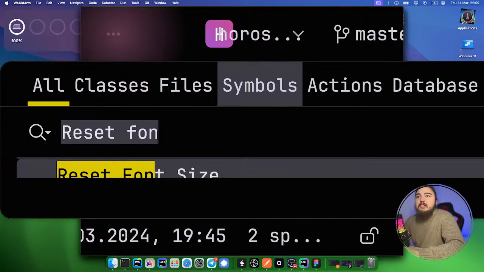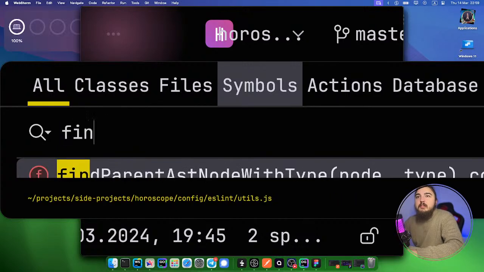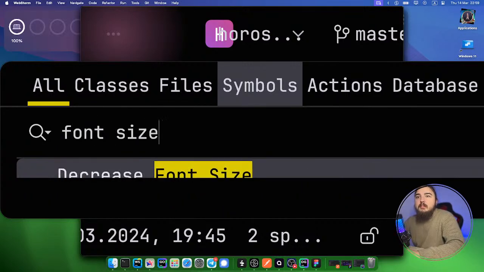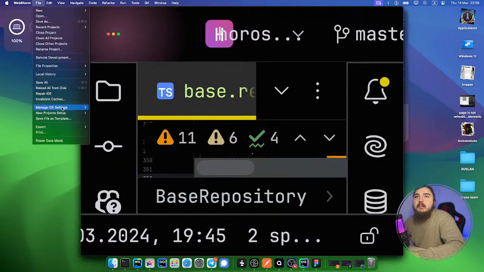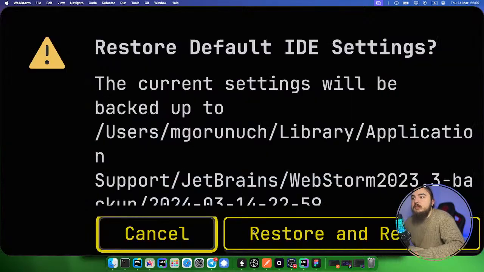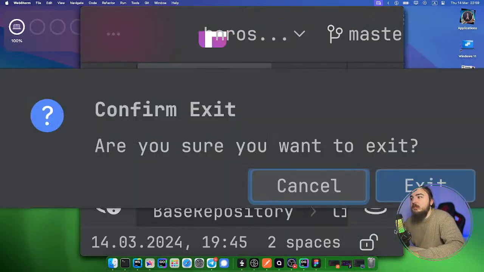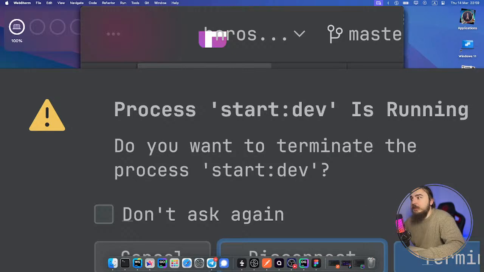Reset font size. Okay. Restore default settings. Restart. Exit. Oh my god.